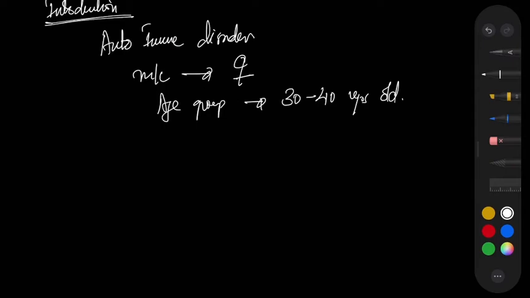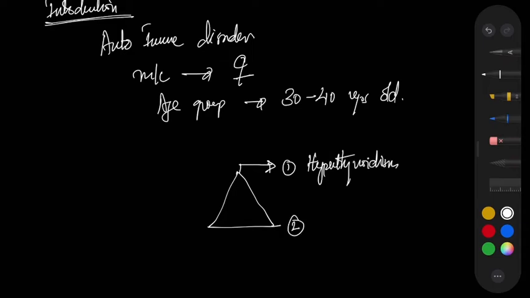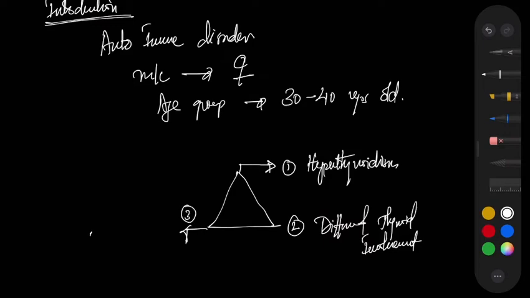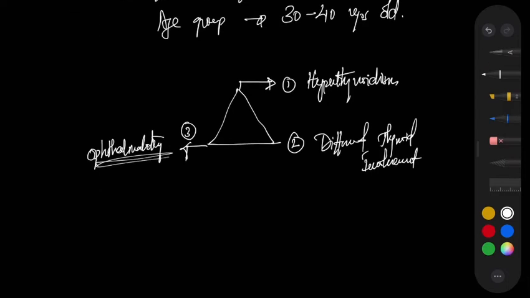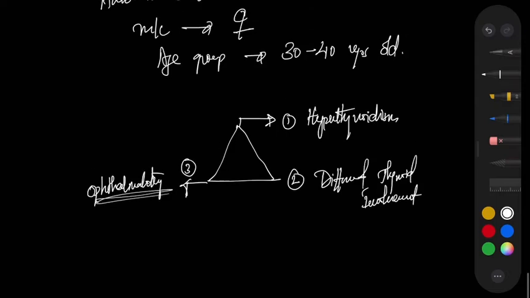Graves' disease has a characteristic triad of features. Number one being hyperthyroidism, number two is diffuse thyroid involvement, and three is ophthalmopathy.